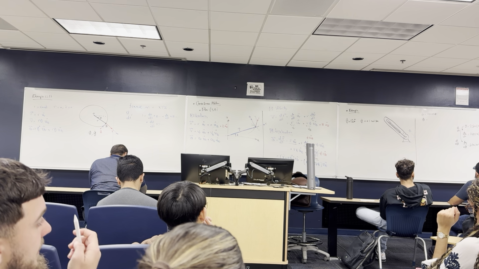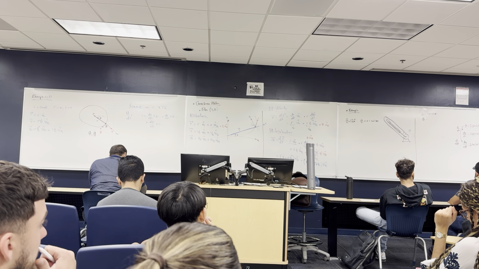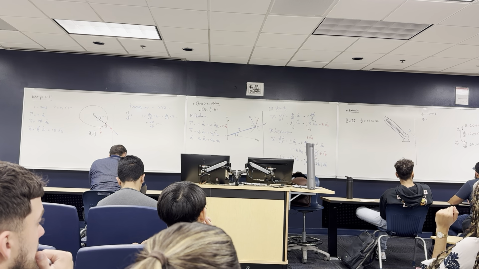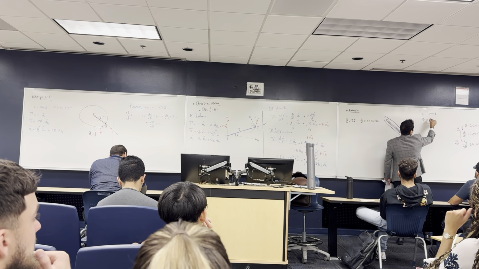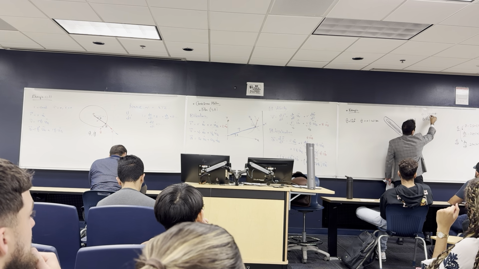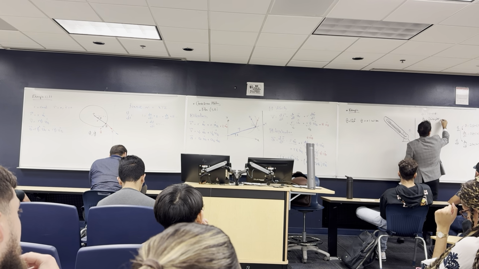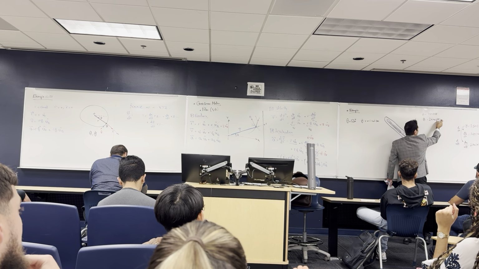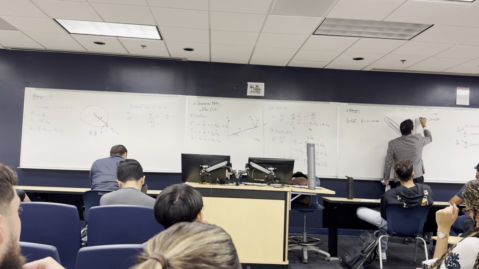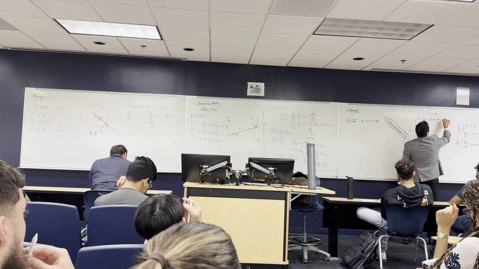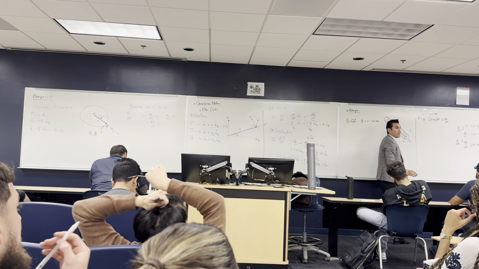But here, the differentiation of x with respect to time is not 1. It's the velocity in the x direction. Same thing here: if I want to differentiate this, it's going to be 2 sine 2 theta, multiplied by the derivative of what is inside with respect to time, because dot is always time, like d/dt. So this is going to be 2 d theta/dt. Did you guys get that?